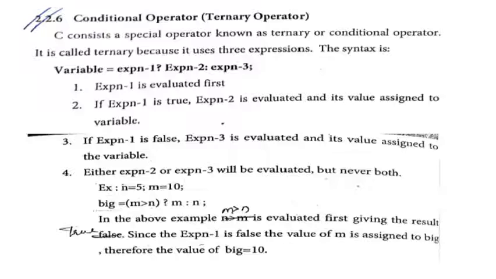Since m is 10 and n is 5, the result is true. So the expression 1 is true, the value of m is assigned to big, therefore the value of big equals 10. This is how the conditional operator works.